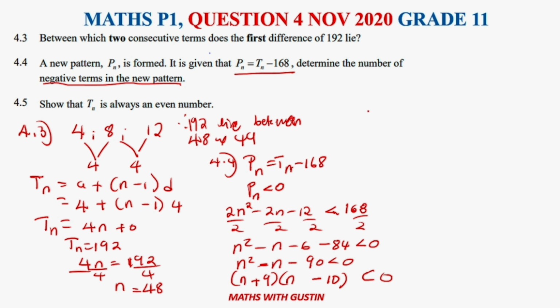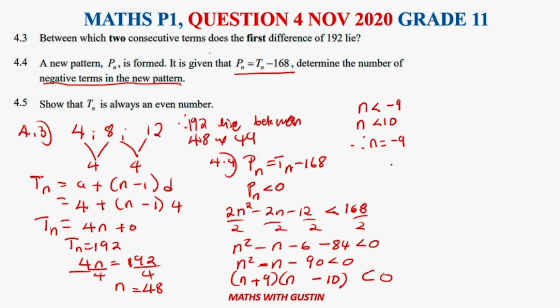So therefore what you're going to have here, you're going to have n is less than minus 9, therefore n is also less than 10. All right, so therefore because you want the ones that are negative, therefore you're going to say n is equals to negative 9. All right, great stuff. And that's how you deal with a question like this one, guys.